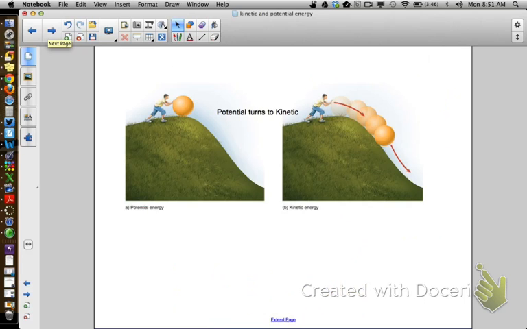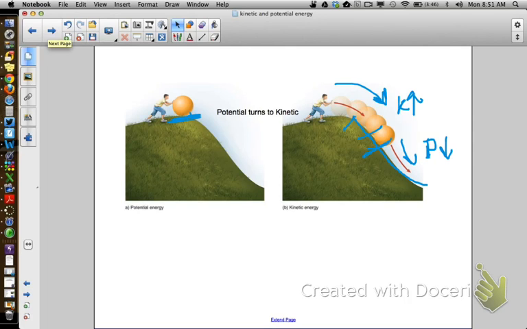This might help us see it a little bit more clearly. At the very top of the hill, it has the most potential energy it will have, which means when it moves, it's going to have an increased kinetic energy. As it goes down, at each of these levels it still has room to fall, so it still has potential, but because it's getting closer to the bottom of the slope, its potential is going down as it falls.